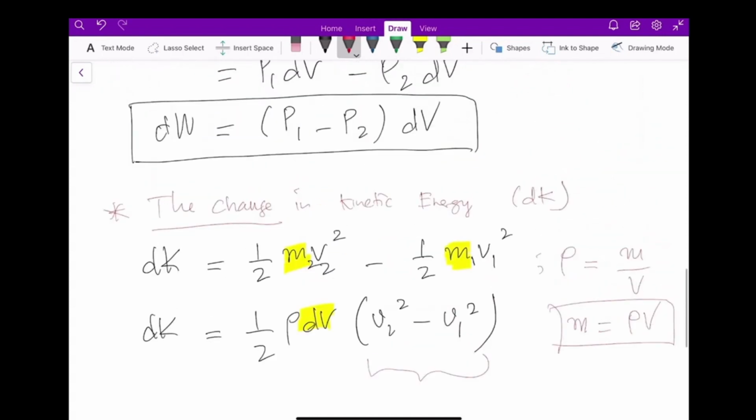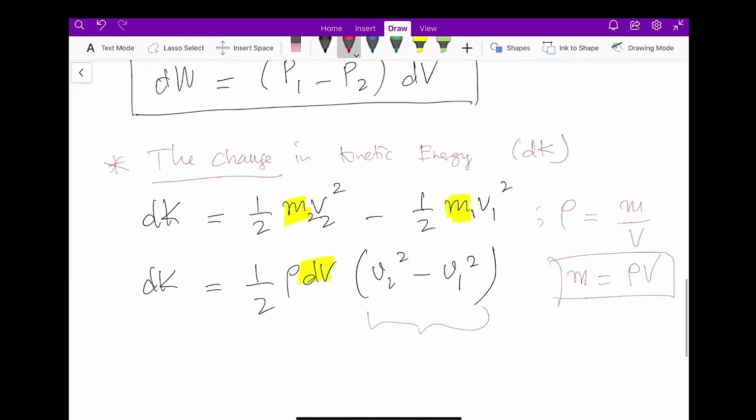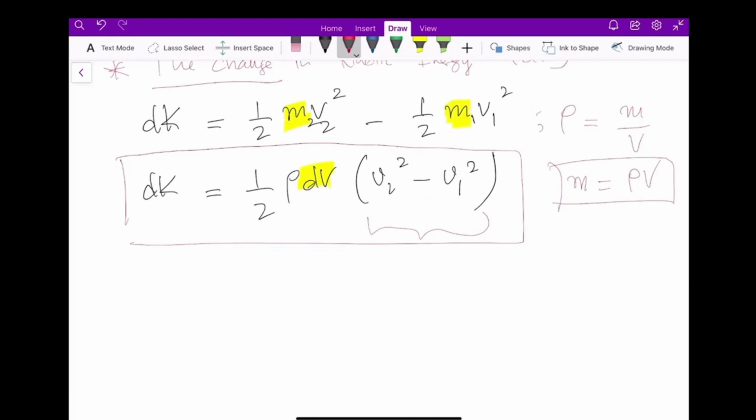If you notice the expression here, we have rho, we have dV, so later on we can subtract them with the other energy terms. So let us now move to the third term.